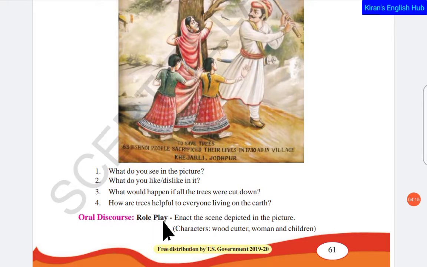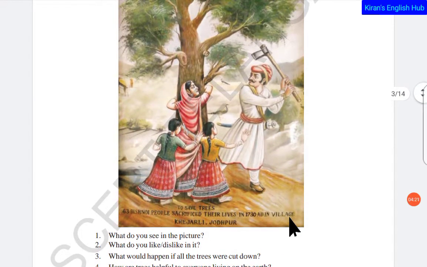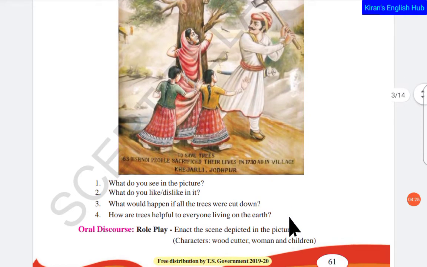Next, oral discourse. In the oral discourse, there is a role play. Enact the scene depicted in the picture. The same scene that is shown in the picture must be enacted in the classroom. That is for the school children. Aspirants, you just go through all the important elements like vocabulary, antonyms, synonyms. School children who are listening to this video, you must go through each and every little discourse that is given.